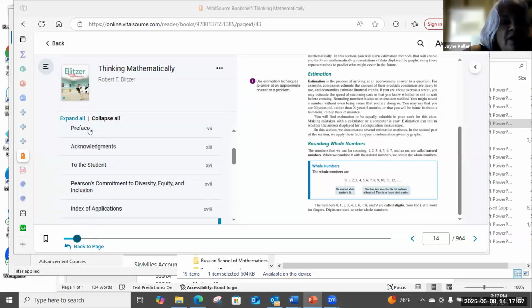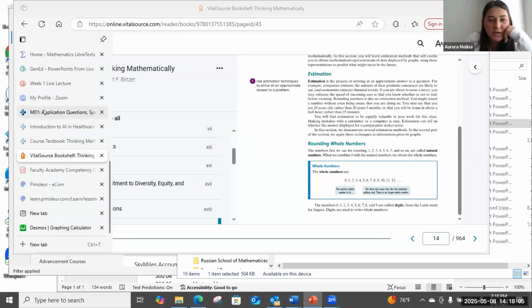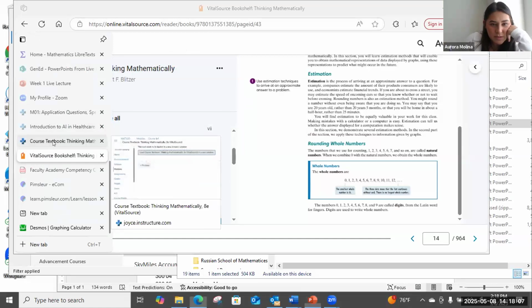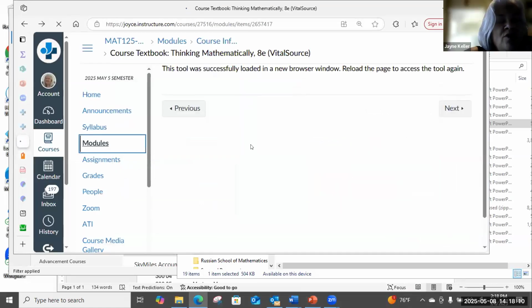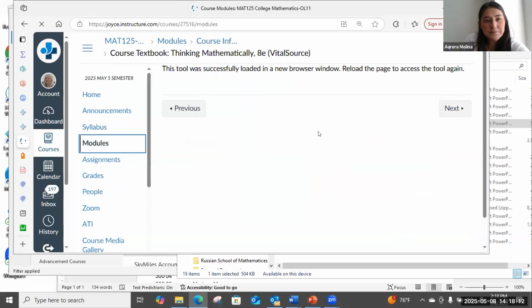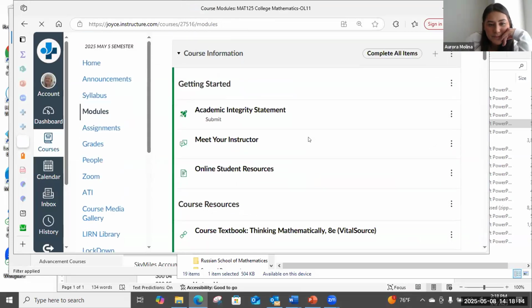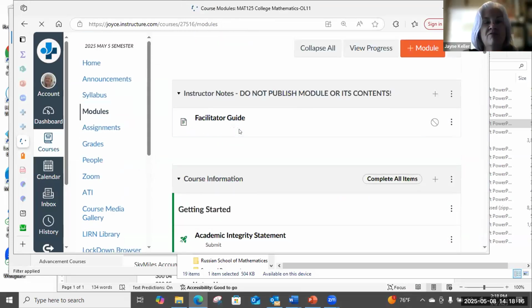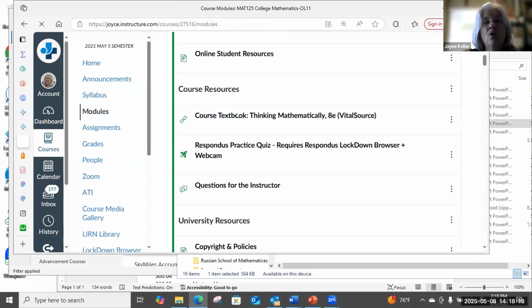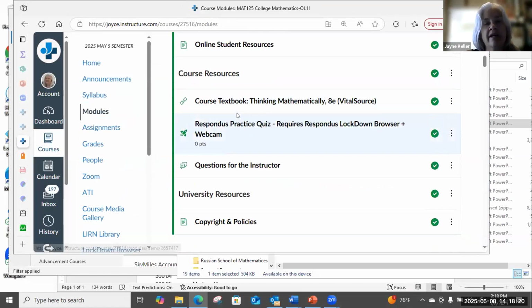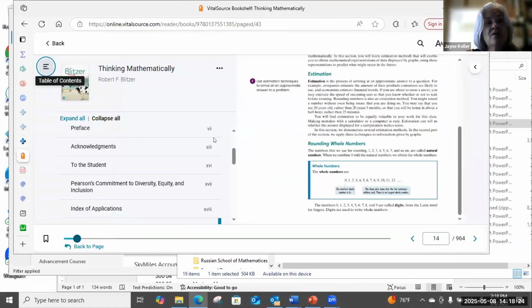Okay, so here's the book. Do you guys know how to get to the book? Yeah, so in your modules, right at the very top you've got course textbook. You click on course textbook, and then it's going to open up Vital Source for you.